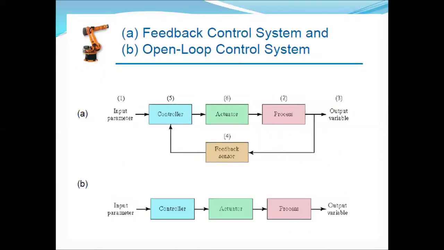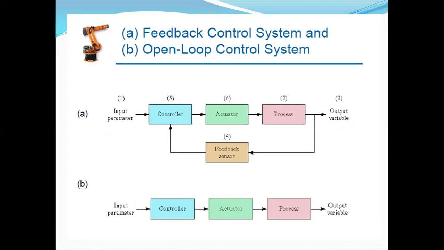Okay, this is a schematic diagram of the feedback control system. It is very interesting and very simple: we give the input parameter to the controller, and the controller gives the instructions to the actuator and controls things, and then the actuator will control the process, or the actuator will further give the movement of the elements so that the process can be done.